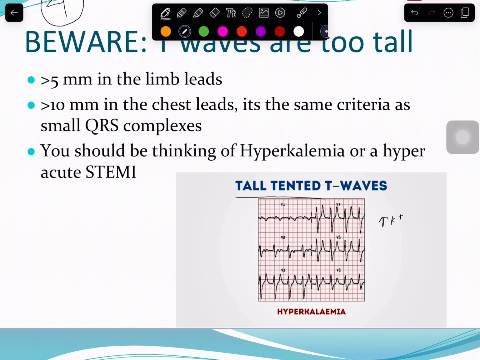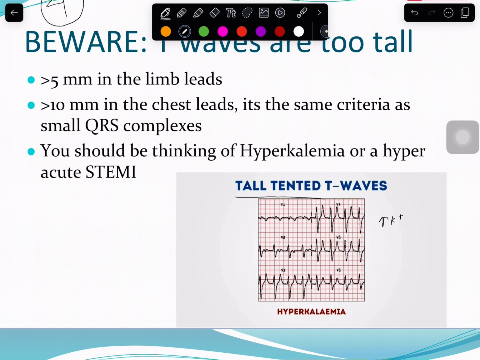And the causes for hyperkalemia are renal failure, hemolysis, massive blood transfusion, rhabdomyolysis, tissue necrosis such as burns, metabolic acidosis, Addison disease, and also it can be because of drugs such as ACE inhibitors, ARBs, potassium sparing diuretics such as spironolactone, amiloride.